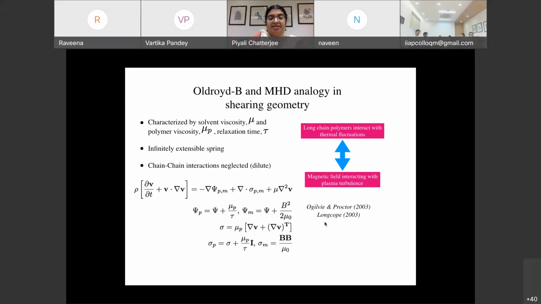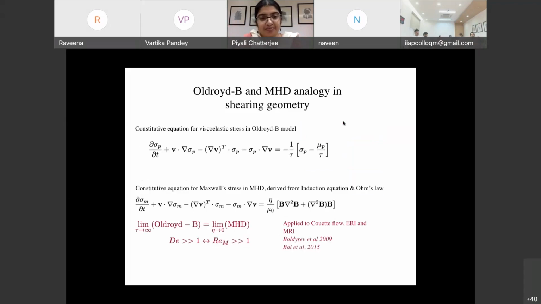These concepts are well known from a nice paper by Ogilvie and Proctor, Michael Proctor, in 2003, and also a nice paper by Dina Longcope in 2003, where they try to apply these ideas to the solar dynamo, the interior solar dynamo. The basic idea is that long chain polymers interact with thermal fluctuations in the same way as the magnetic field interacts with plasma turbulence.